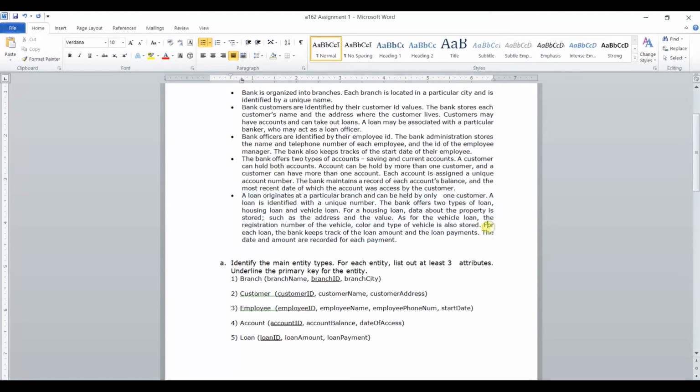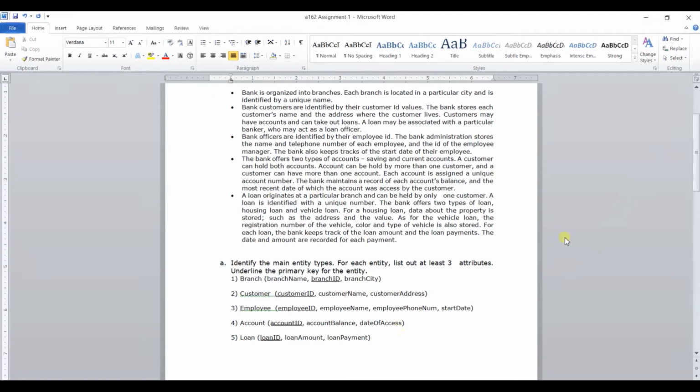From this statement, the bank keeps track of the loan amount. So this is the second attribute. And then the third attribute is loan payment. So these are the 5 main entity types that I found.